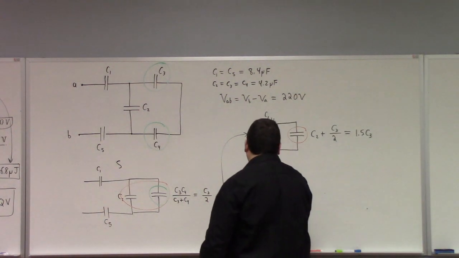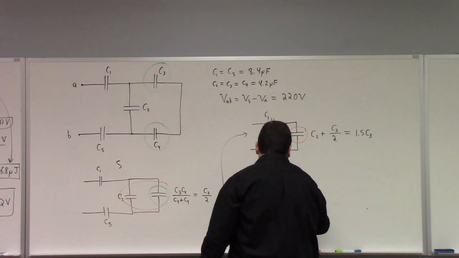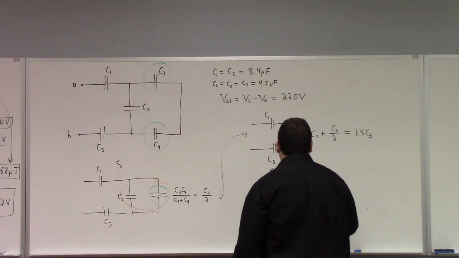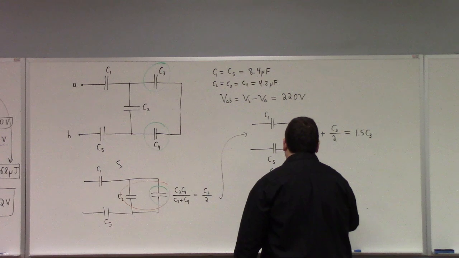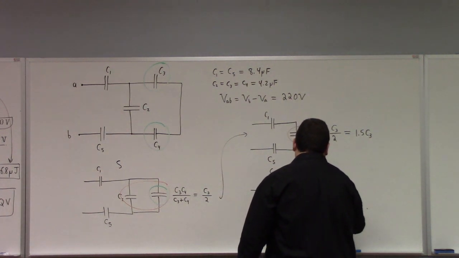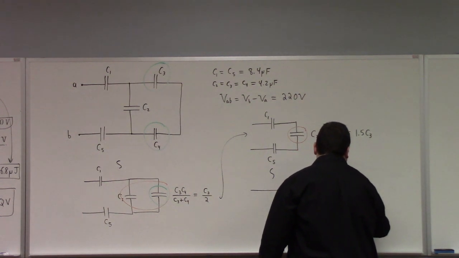So this is equivalent to the single equivalent capacitance, CEQ, of 1 over C1 plus 1 over C5 plus 1 over 1.5 C3, all to the minus 1 power.